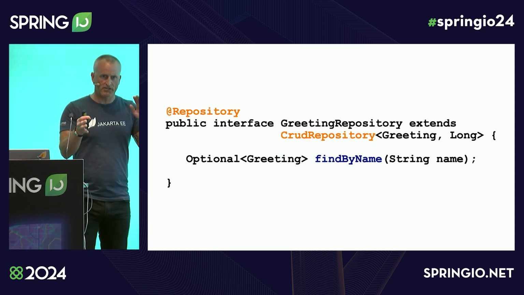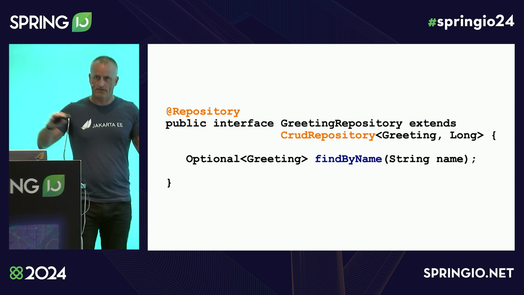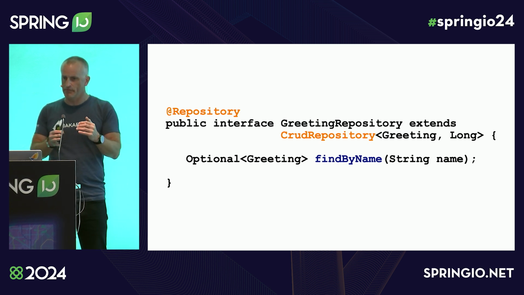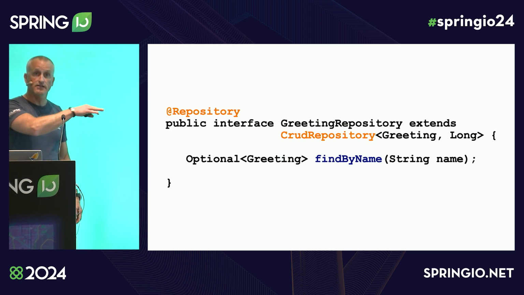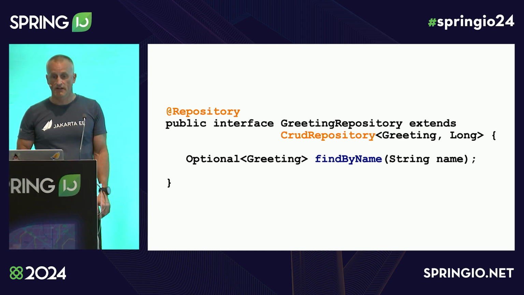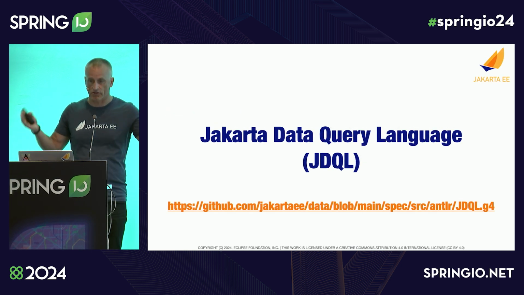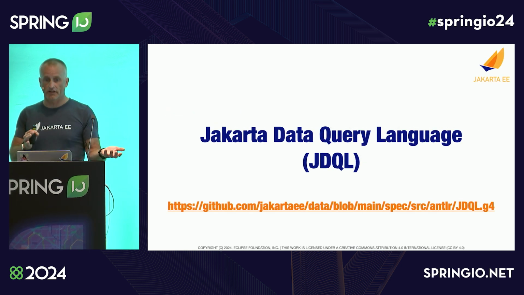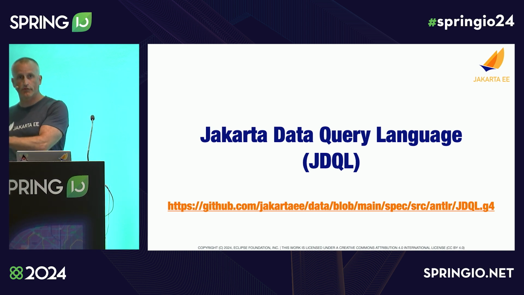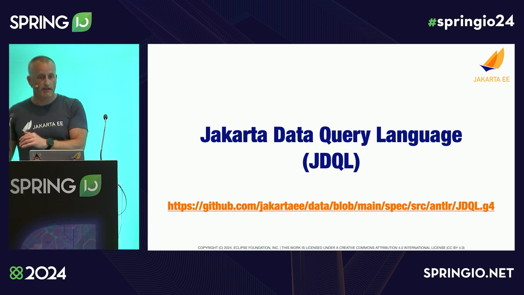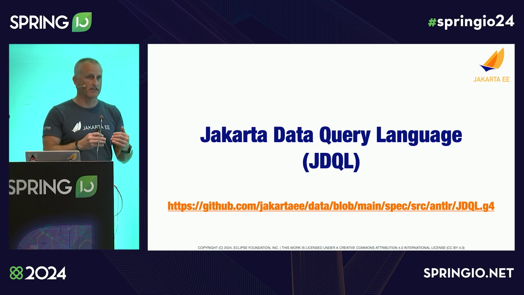So I'm pretty sure it's going to be solved somehow, that you're going to exclude things or whatever. But if you just pull in Hibernate 7, you will get Jakarta Data, as well as if you have Spring Data in your classpath. So how they mix, I'm not sure. But if you want to use Jakarta Data, I'm pretty sure you can, and just swap Spring Data out with it. And Jakarta Data actually adds something that Spring Data doesn't have.